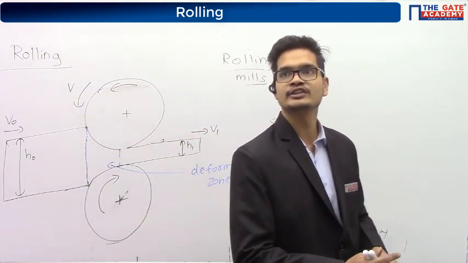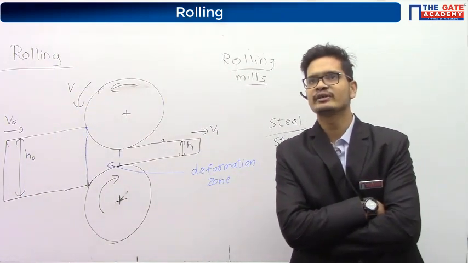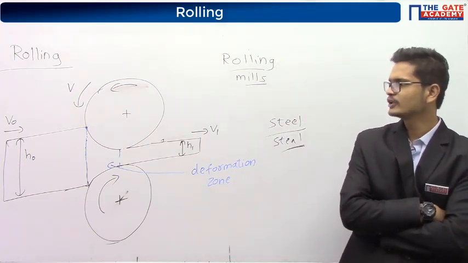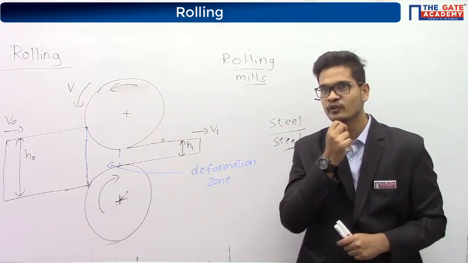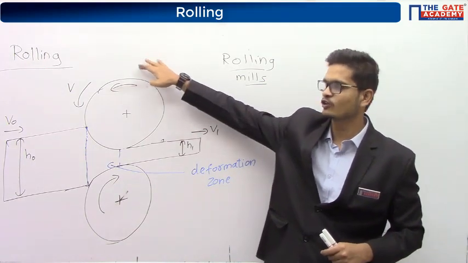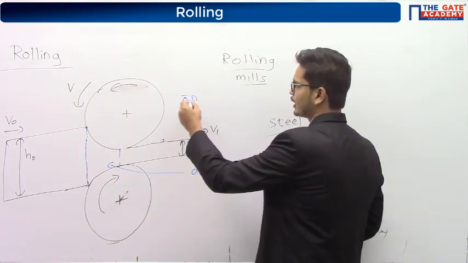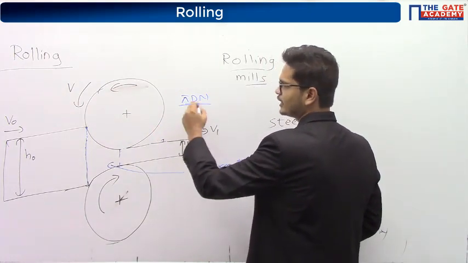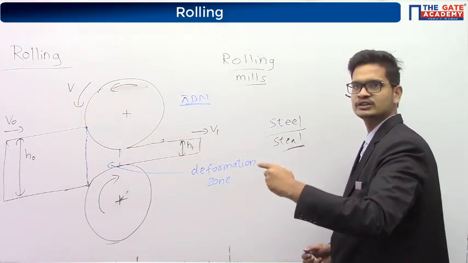Rahul is asking, sir, is that the same thing as gauge length? No, Rahul. Which length are you talking about? V is the tangential velocity, the surface velocity of the rollers. By pi dn, where d is the diameter of the roller, you will get the surface velocity of the rollers.